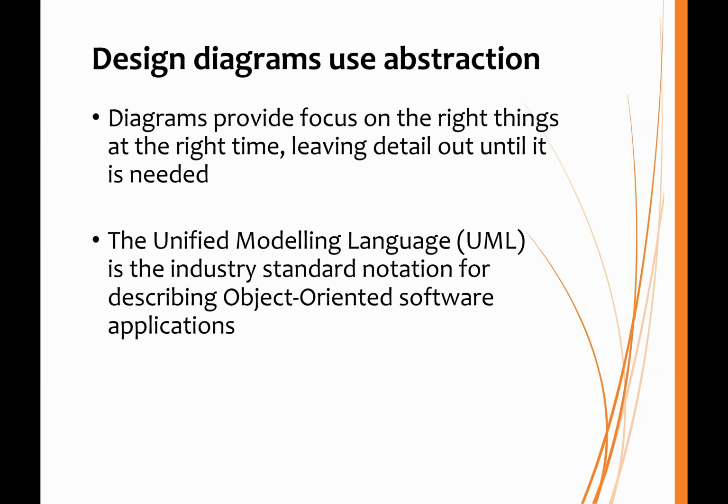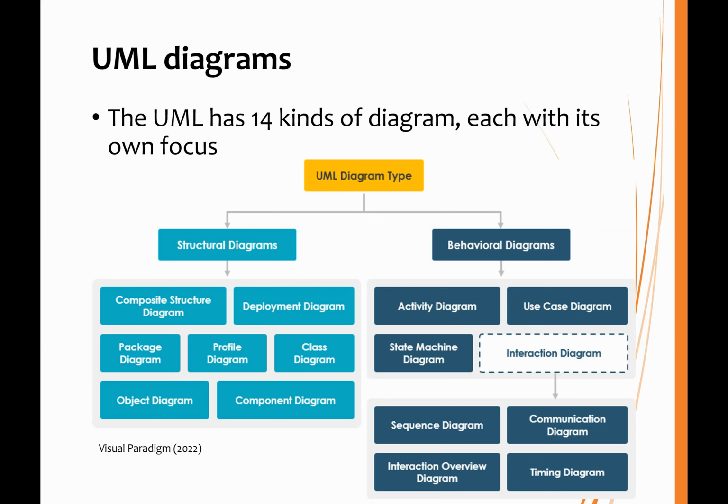In diagrams, we can provide the right kind of focus at the right time, leaving detail out until we actually need it. And the Unified Modeling Language, otherwise known as the UML, is the industry standard notation for describing object-oriented software applications using diagrams. There are 14 kinds of diagrams, each with its own focus.